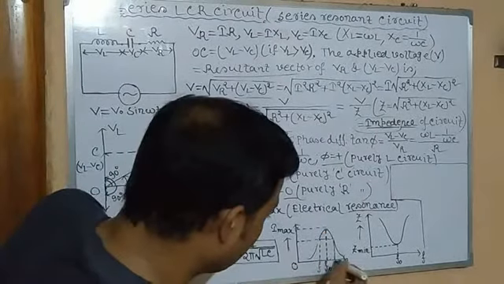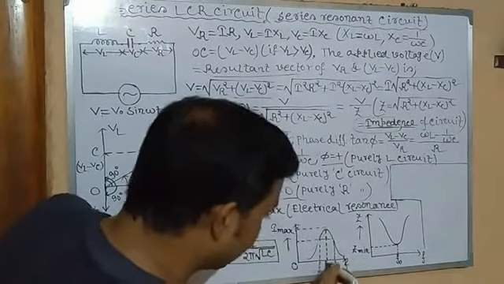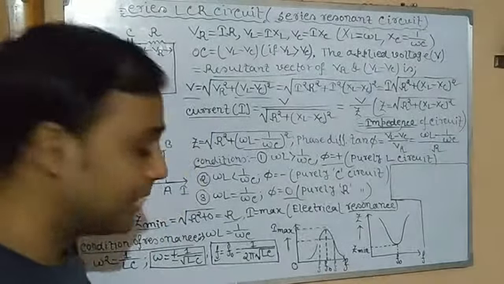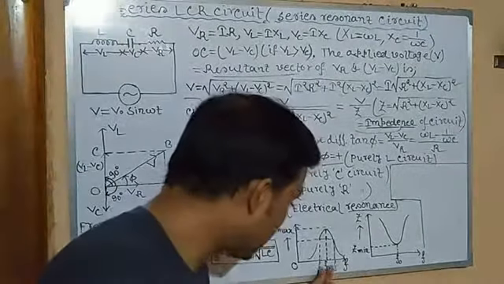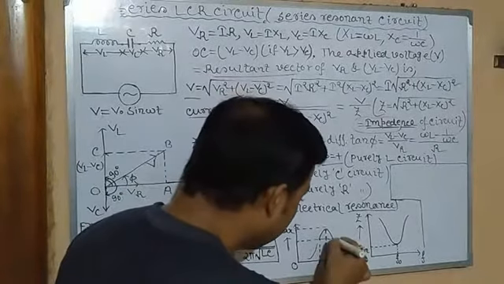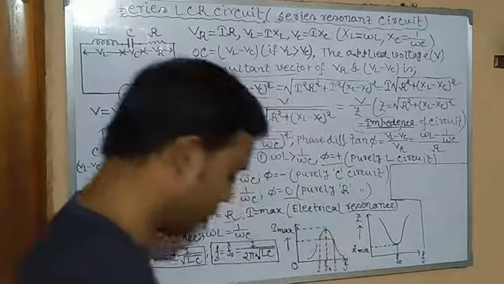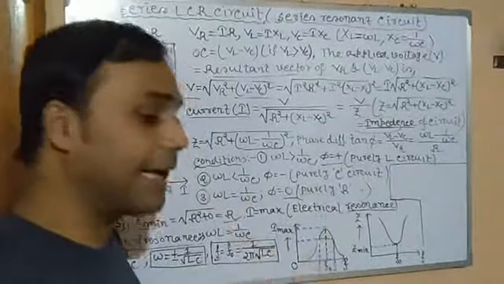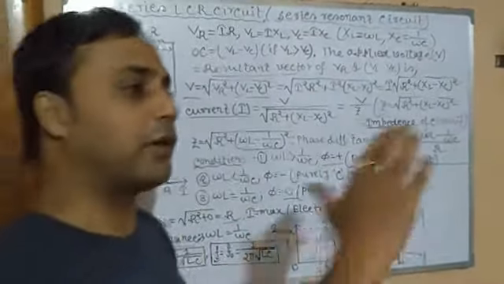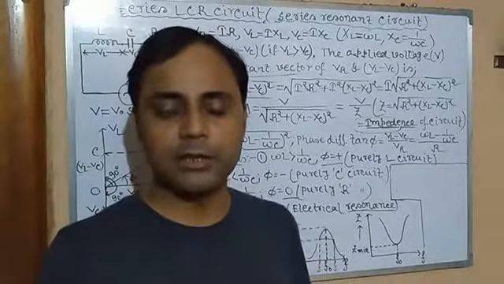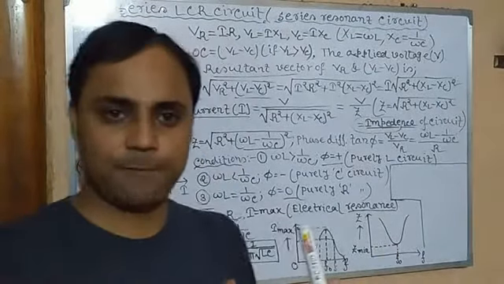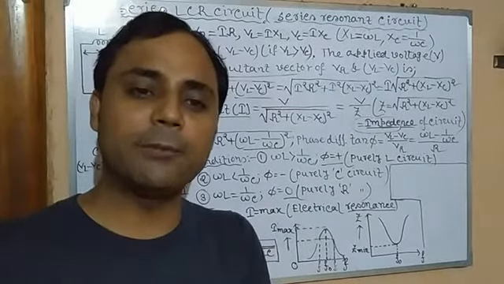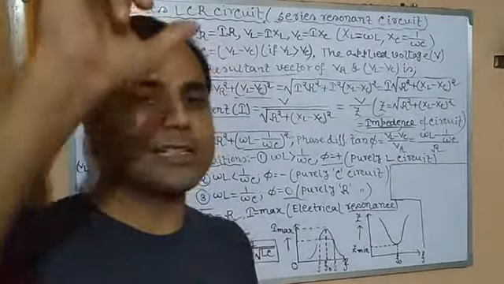Again, when the frequency of the supplied voltage is greater than the frequency of the circuit, then again it is less than the maximum value. So what does it indicate? It means to get the maximum current, the frequency of the applied voltage and the frequency of the circuit have to match. Similarly, the frequency of the external applied force and the frequency of the vibrating body have to match. Only in that case is a loud sound heard.